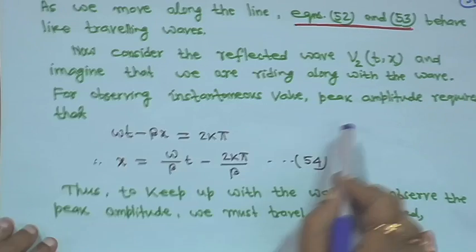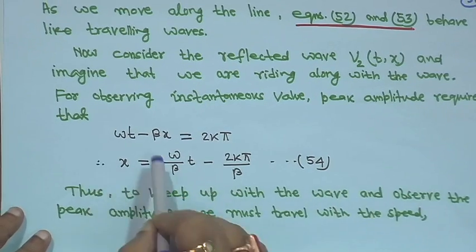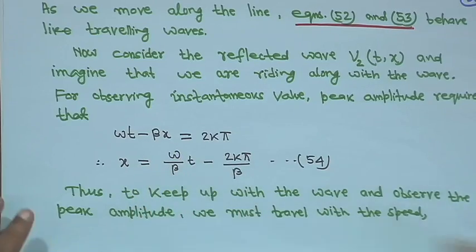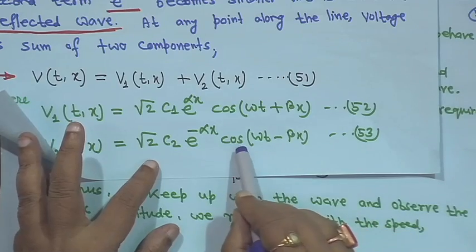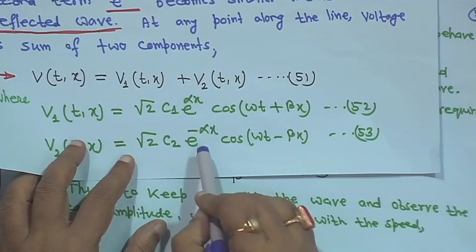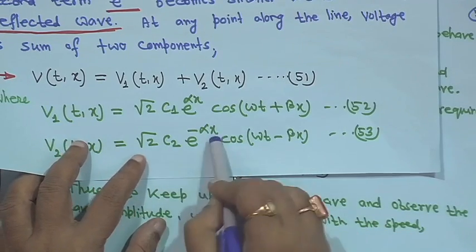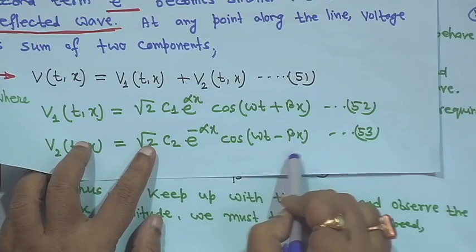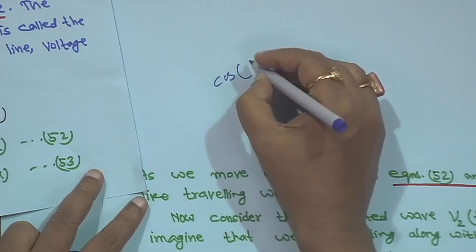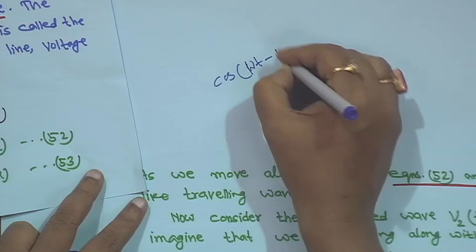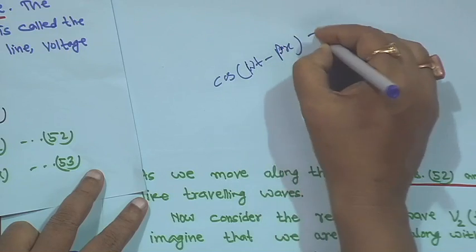For observing the instantaneous peak amplitude, it requires that omega t minus beta x is equal to 2k pi. Whatever the peak value root 2 C2 e to the power minus alpha x is, the cosine of omega t minus beta x must be equal to 1.